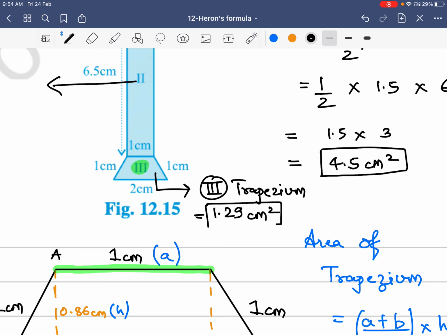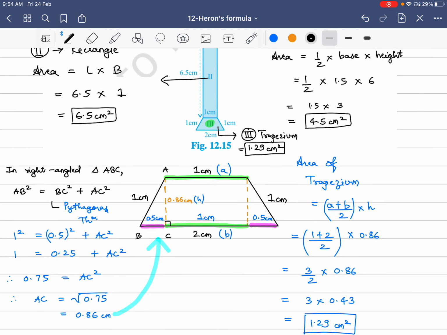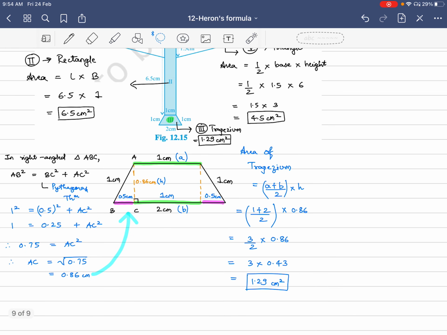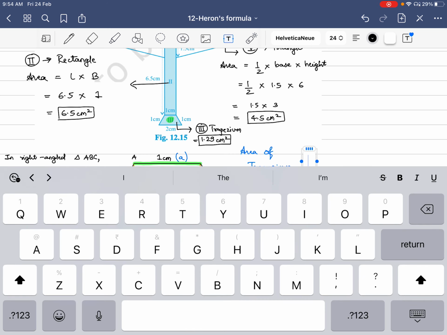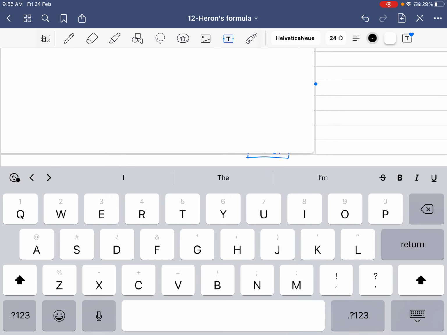Now I don't want the mess here, so let me just cover this so that we can focus on the things that we want.